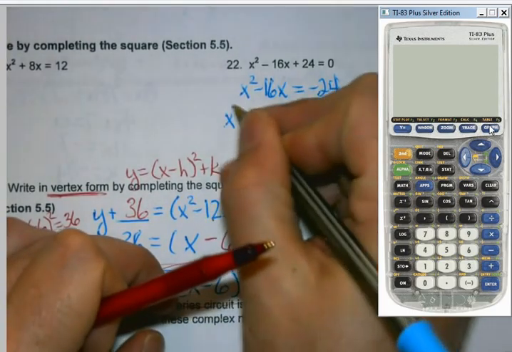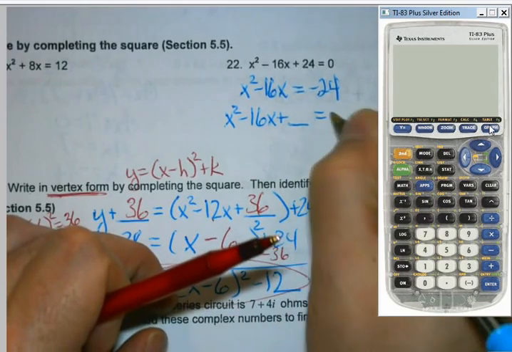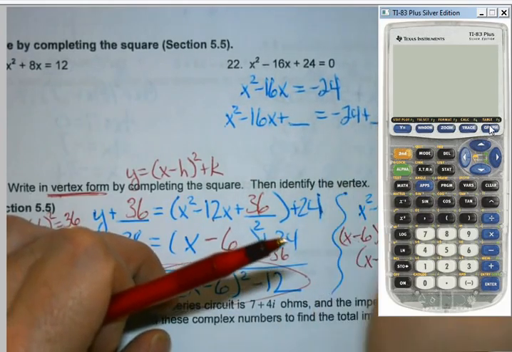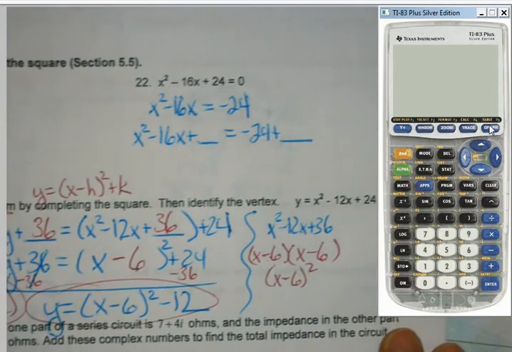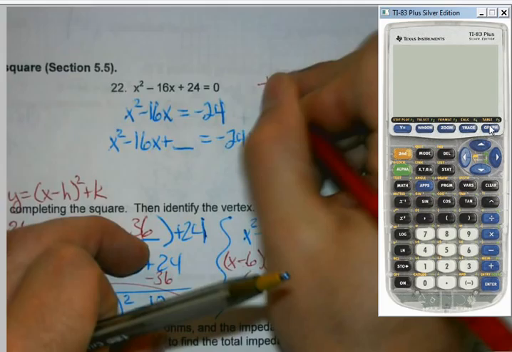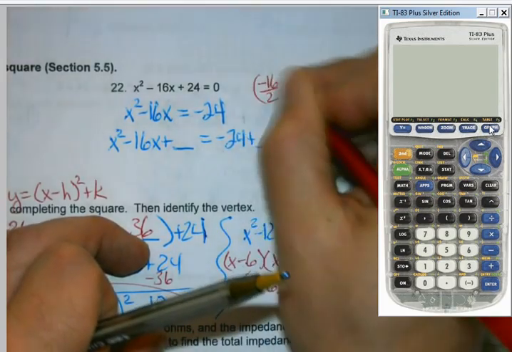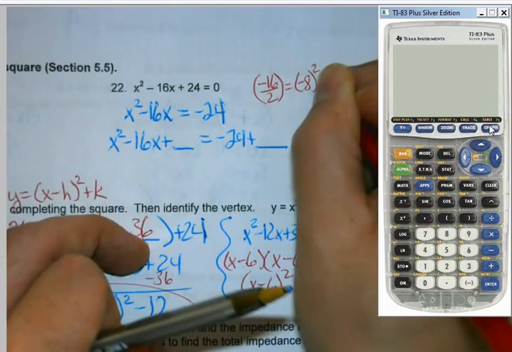Take this, and give myself a blank on each side. And the blank is going to be filled in by our negative b divided by 2. Simplify it and square it.